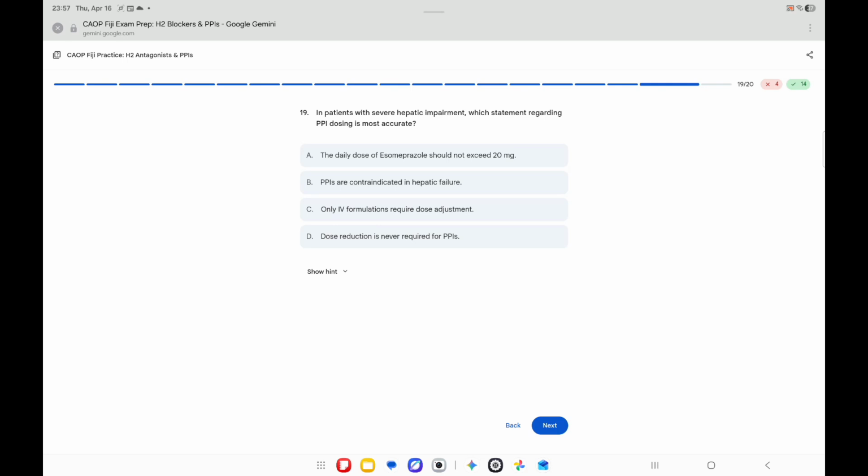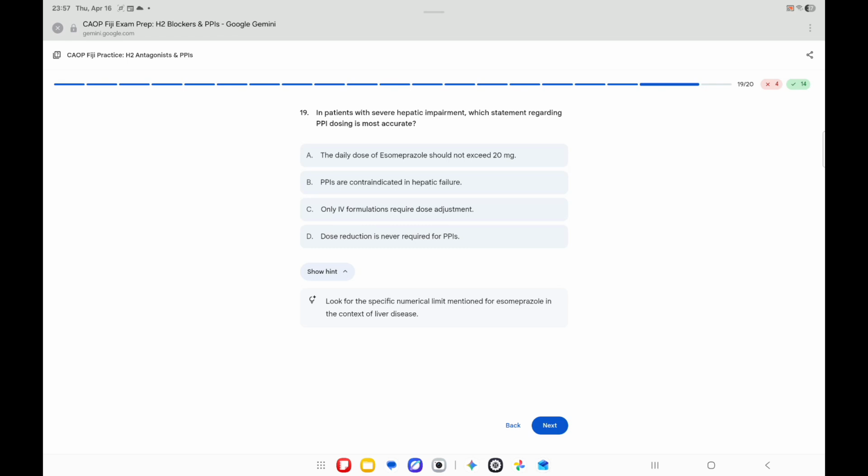It's not only for IV, so I should go with B. Look for the specific numerical limit mentioned: esomeprazole in the context of liver disease. Overall, whether it is IV, tablet or capsule formulation, dose should be reduced, so it can't be option C that says just IV.